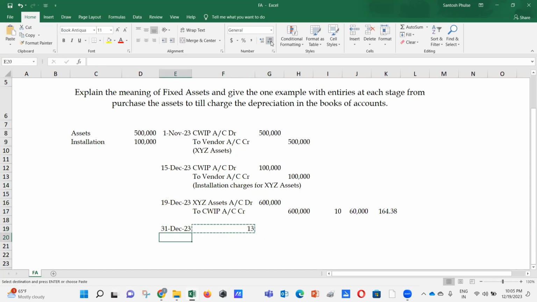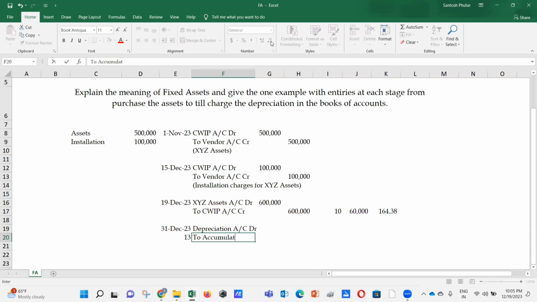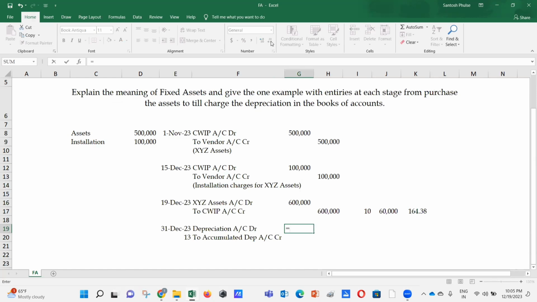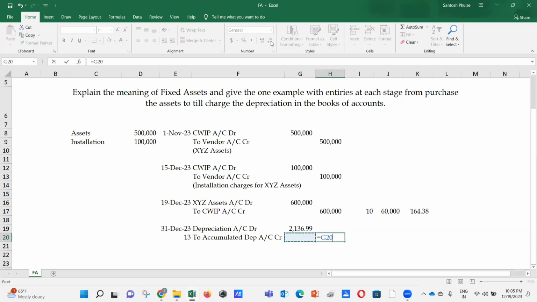So your entry is going to be depreciation account debit to accumulated depreciation account credit, and this entry amount is going to be 164 into 13, which is 2,136.9.